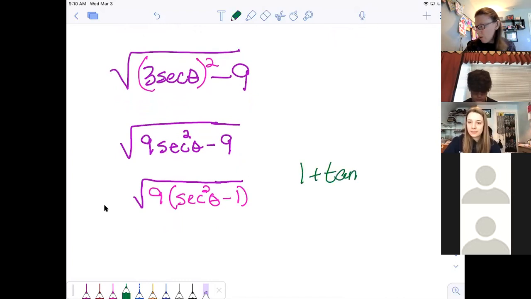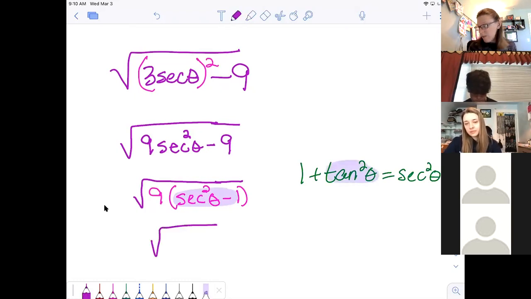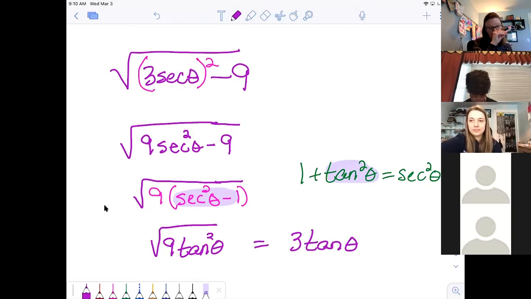Yeah, so 1 plus tangent squared equals secant squared. So that means secant squared minus 1 is equal to tangent squared. So now we have 9 times tangent squared, and that is equal to what, Jenny? 3 times the tangent of theta. Yeah, 3 times the tangent of theta.